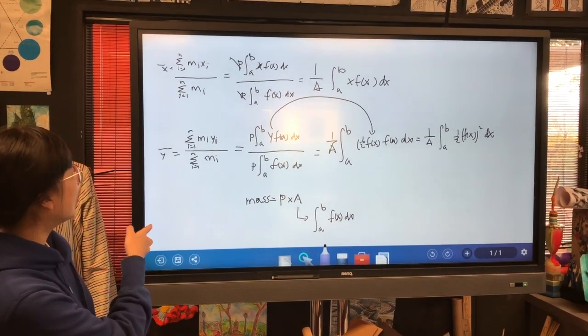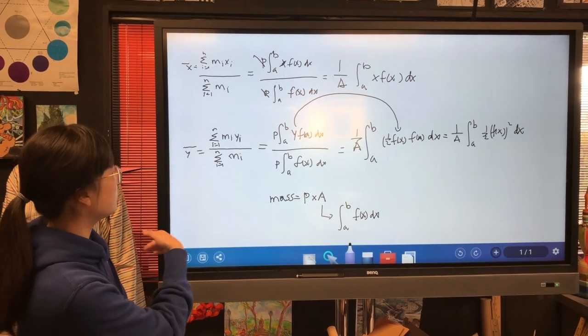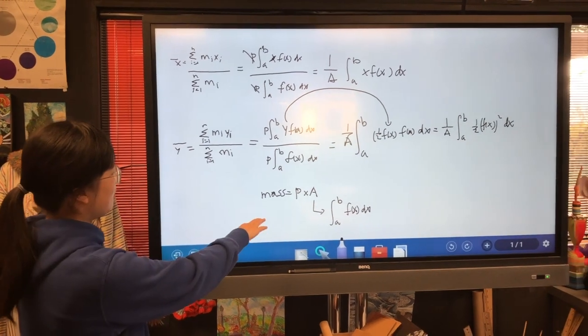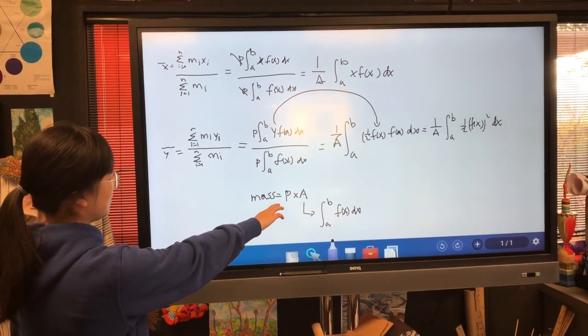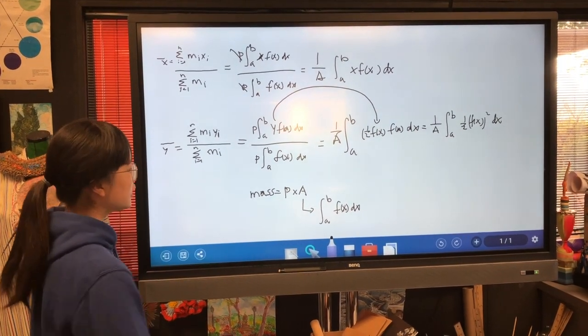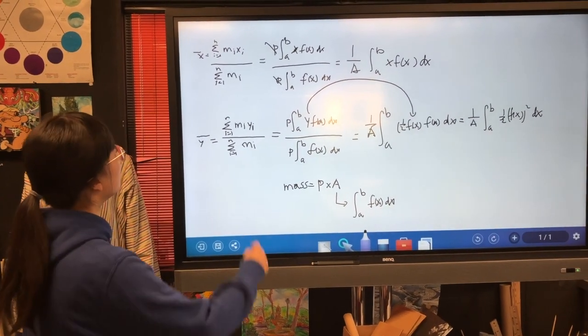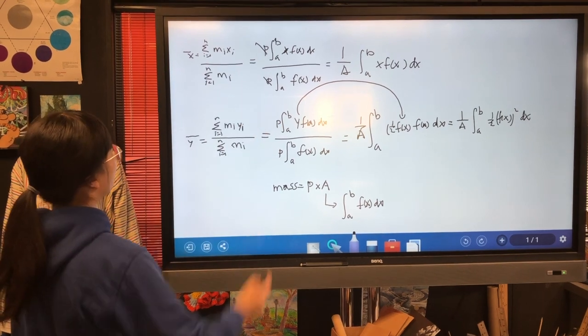Now we're looking at how to derive the calculus equation from the algebra equation. We first have to know that mass equals density times area, and area is the integral. To derive the equation for x, we have to break out the summation.